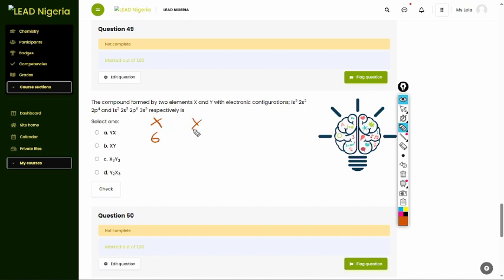While Y, this is Y, not a funny looking X. Okay, so the highest shell for Y is 3. So the total number of electrons in the third shell is just 2. Okay, so for X to become stable, for X to have an octet structure and have 8 electrons, it has to gain 2 more electrons to become 8.